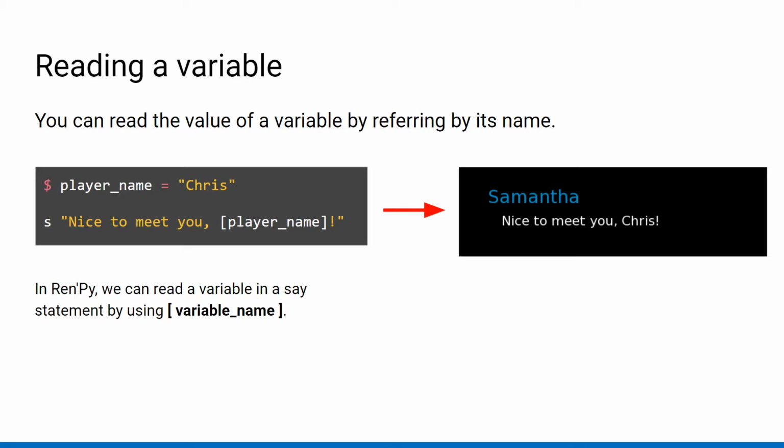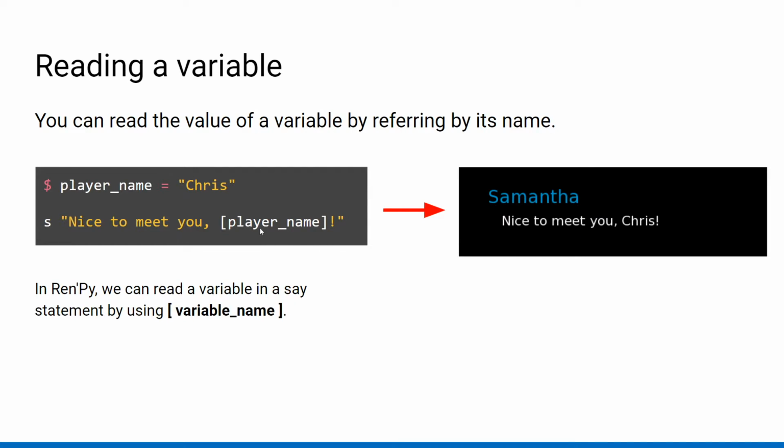Now we're going to talk about how you use a variable in your script. You can read the value of a variable by referring to it by its name. In this case, RenPy has a special syntax. If you want to use a variable in dialog, you put square brackets around it.